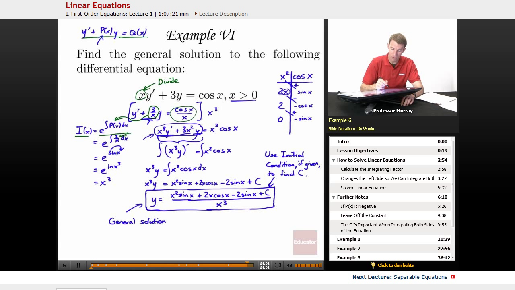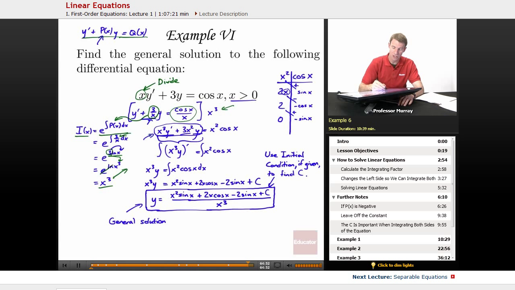Well, the integral of 3 over x is 3 natural log of x, and before I can cancel the natural log, I have to move that 3 over to be an exponent, so I get e to the natural log of x cubed, but the e and natural log do cancel, so I get x cubed. So I take that and I multiply it by both sides of the equation.